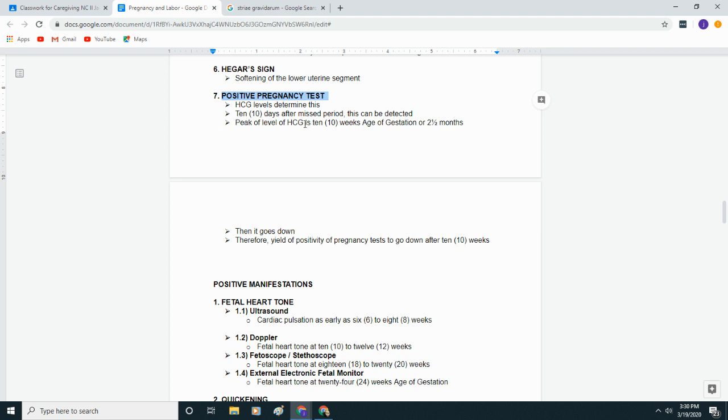The peak level of HCG is 10 weeks age of gestation or 2.5 months. So if the pregnant mother has amenorrhea for 10 days or missed menstruation, the mother can use the pregnancy test already.